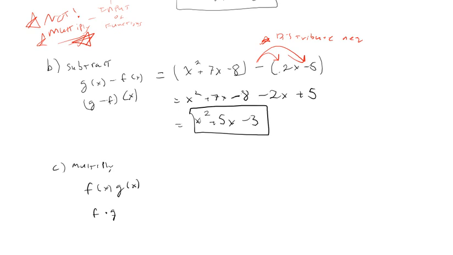Multiply. All right, so multiplying f times g. Again, I'm going to just put my equations in parentheses. F is 2x minus 5. And g is x squared plus 7x minus 8.